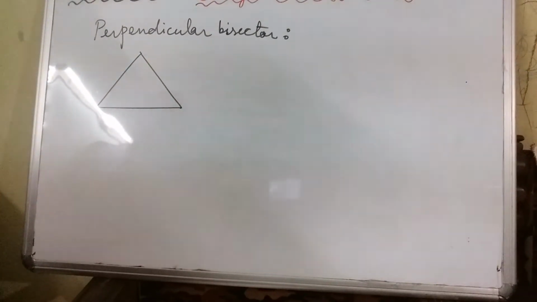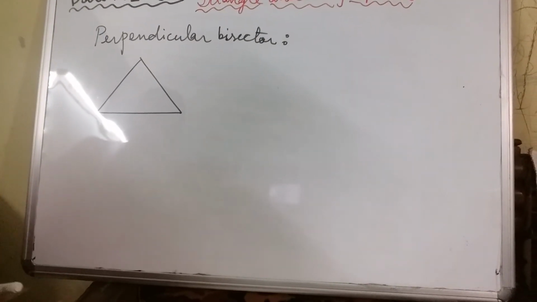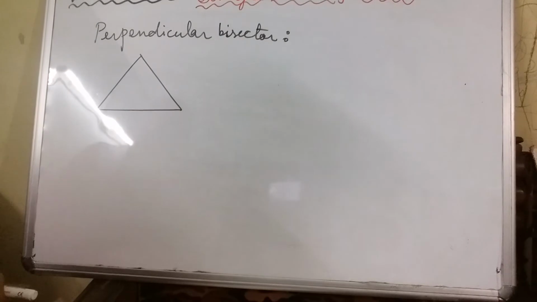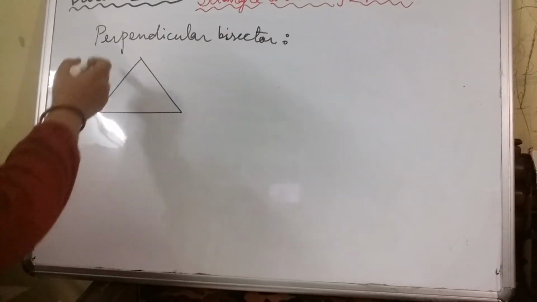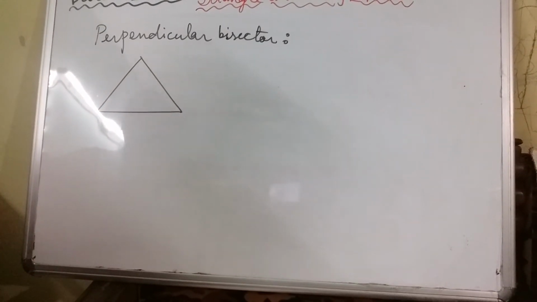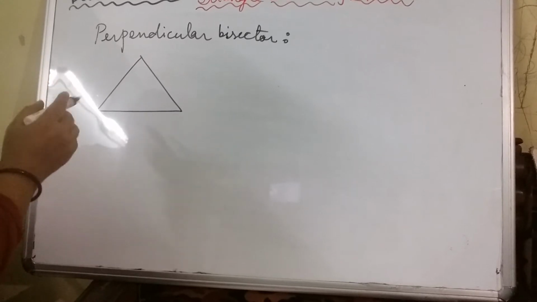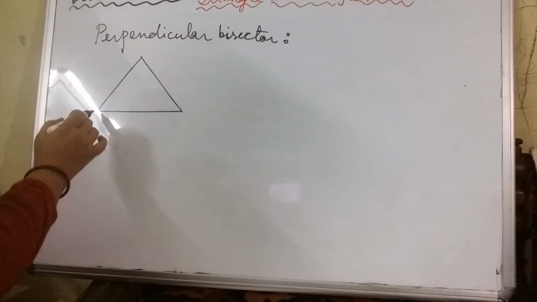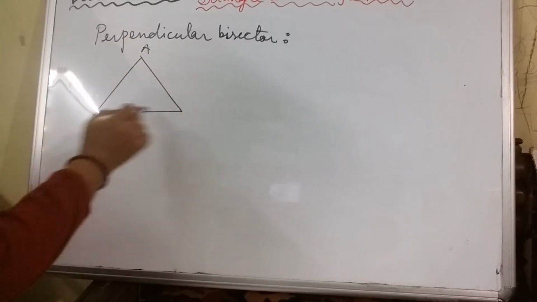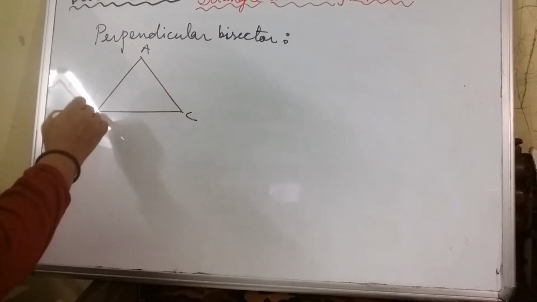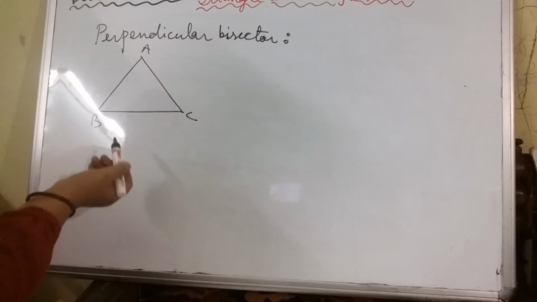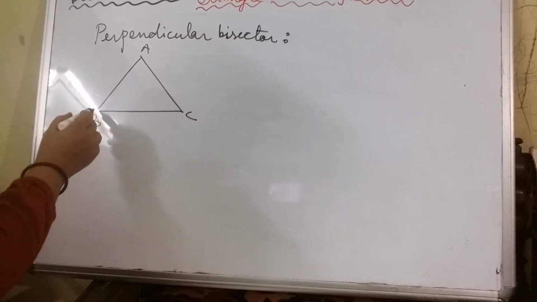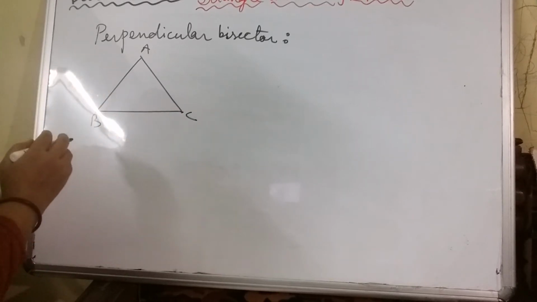Next is perpendicular bisector. If you remember the definition of perpendicular bisector, a bisector means a line segment that divides another line in two equal halves. That means if we consider this BC, and if I have to draw a bisector, that bisector will be a line segment that will divide this BC in two equal halves.